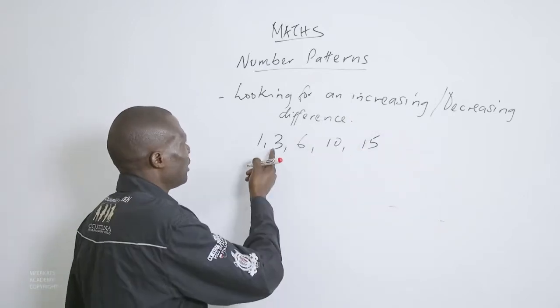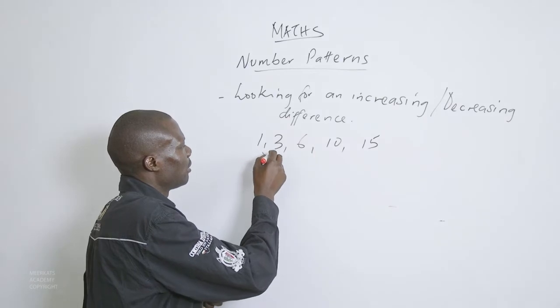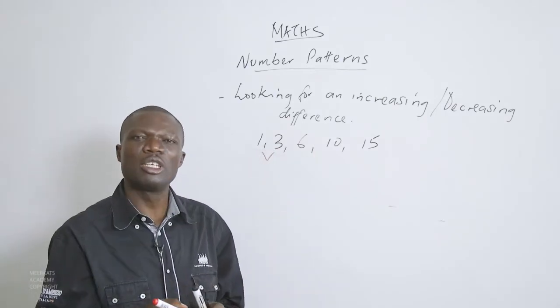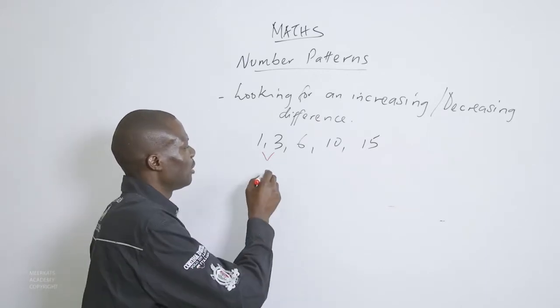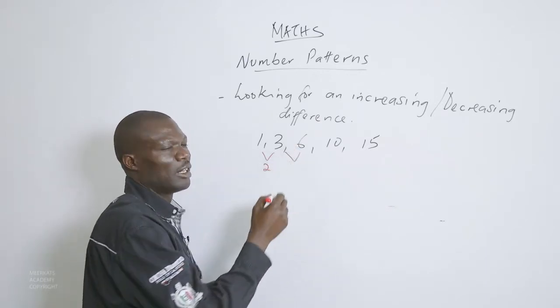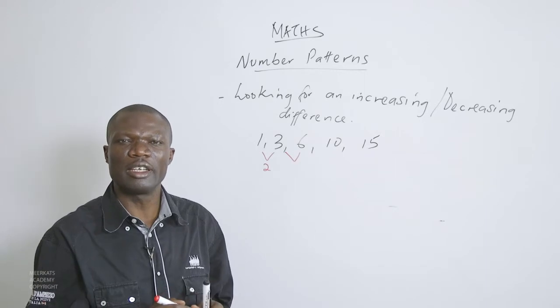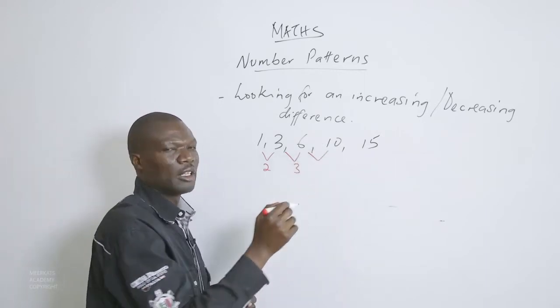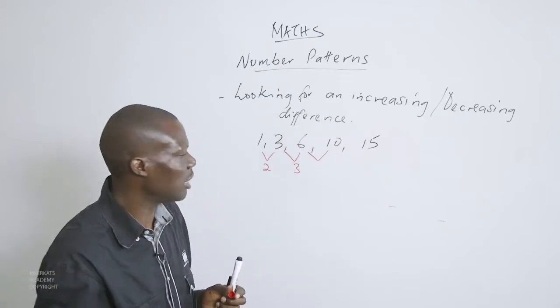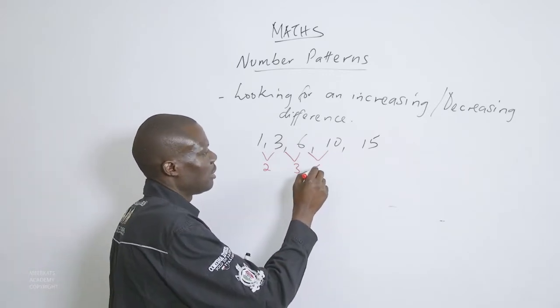Now, when you look at this, the difference between 3 and 1 is 2. The difference between 3 and 6 is 3. The difference between 6 and 10 is 4.